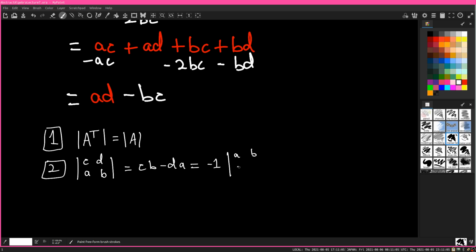I want you to try to draw orientations on parallelograms. Try to figure out a way to draw an orientation on the parallelogram, figure out what that means, and which one is positive and which one is negative.